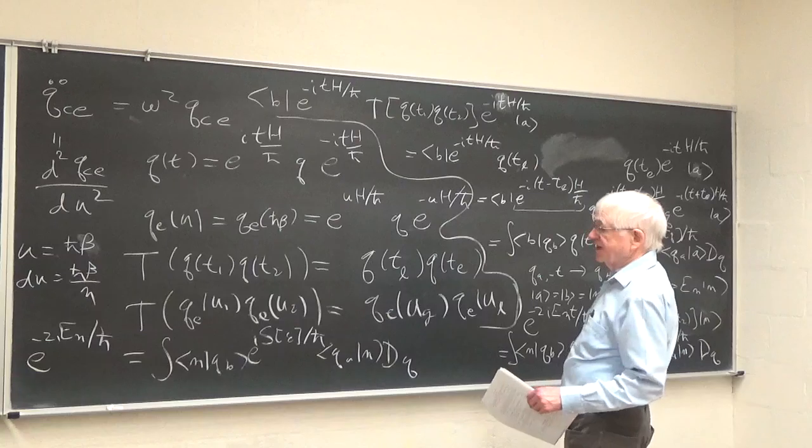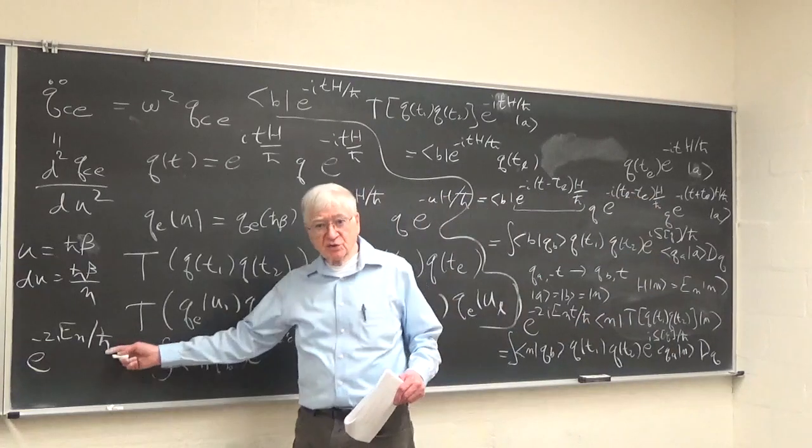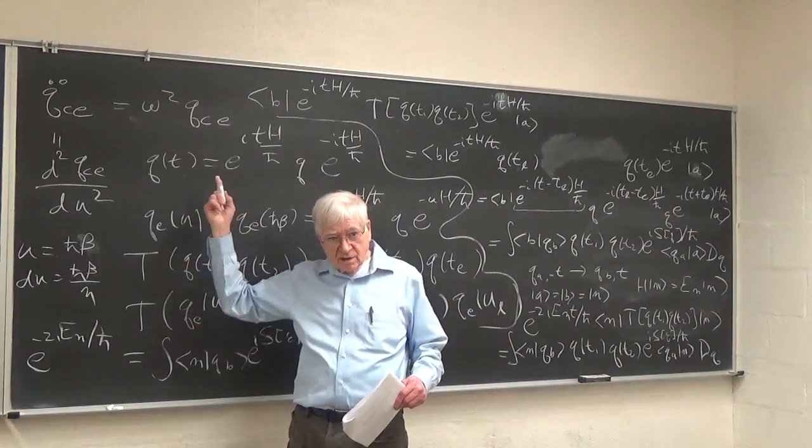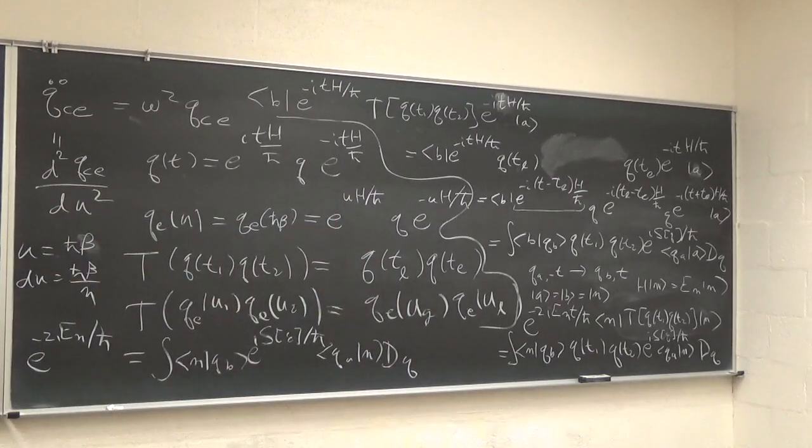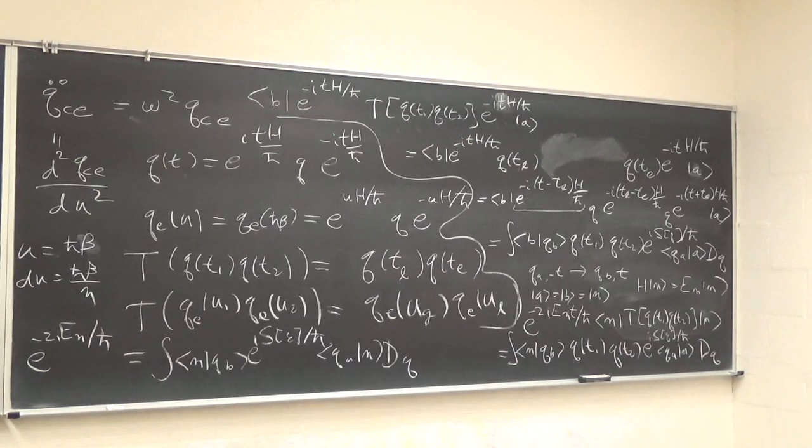And so you see the phase factor is common to the two equations. And their ratio gives us the time-ordered product. So let me go to the whiteboard and maybe also erase this.